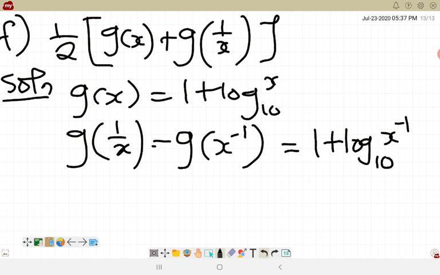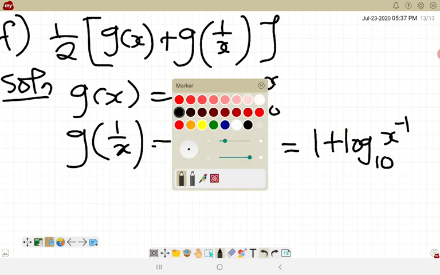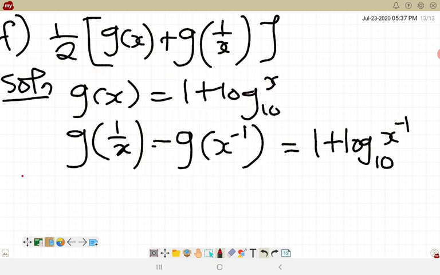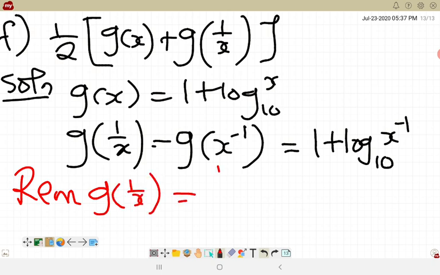Remember that g of 1 over x is not the same thing as 1 over g of x. So let us continue this expansion.